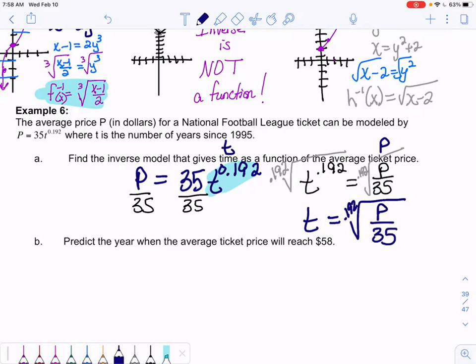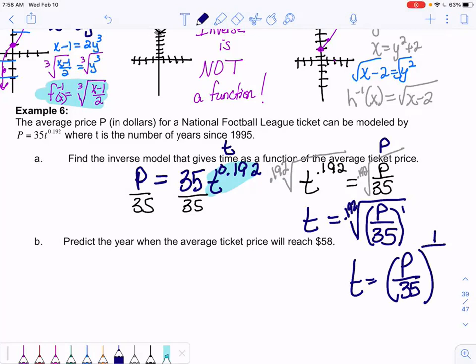I'm going to write that as an exponent, because we don't really write a radical with a decimal value as the root. So remember, to write something as an exponent, whatever's in the radical goes in the denominator of the exponent. So I have p over 35, all raised to the first power because it doesn't have a power.